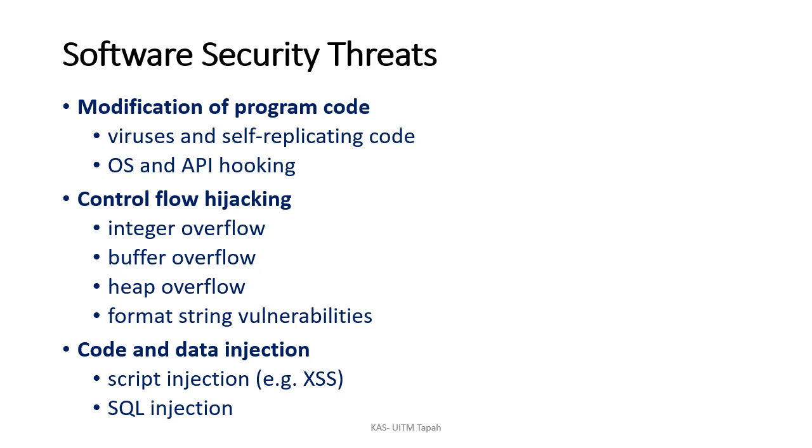Sometimes the modification of program code can also modify your operating system, and also API hooking. API is the application programming interface. Hooking is a technique which can instrument and modify the behavior and the flow of API calls.